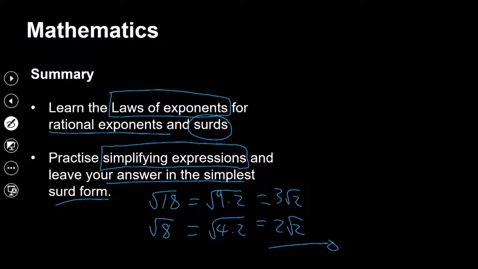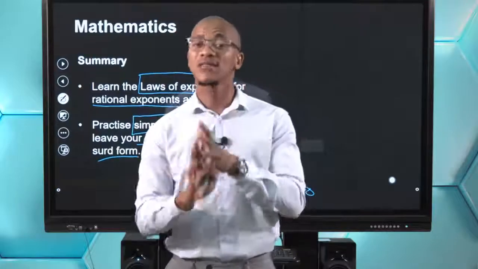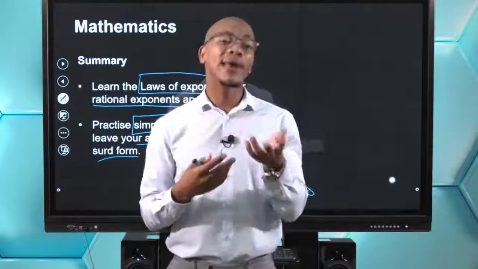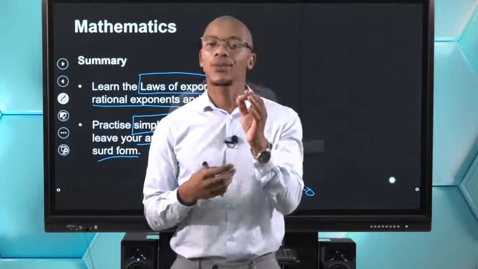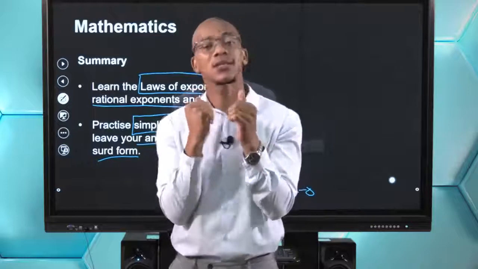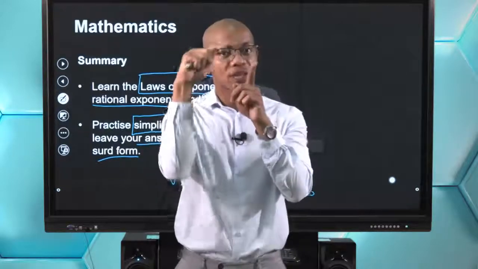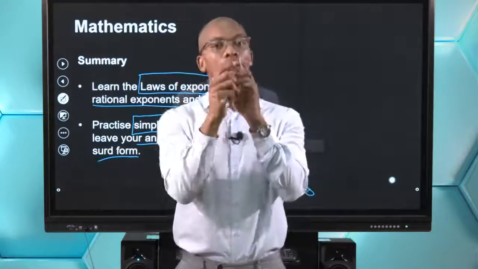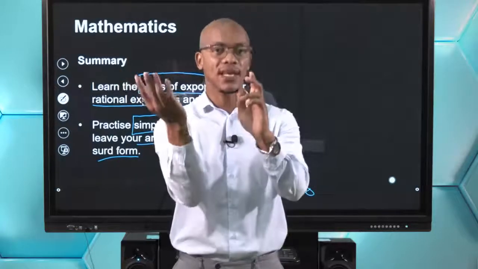So you need to make sure that you do follow your laws, your definitions, and then when you're applying your laws, please pay close attention to signs, because the main thing that makes you get this incorrect is the concept of signs. And also when you're removing the brackets, right, after converting and you are multiplying, don't only multiply the exponent with the first term and leave the next term, right?